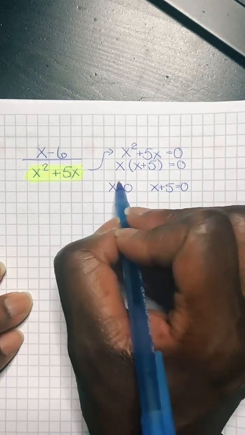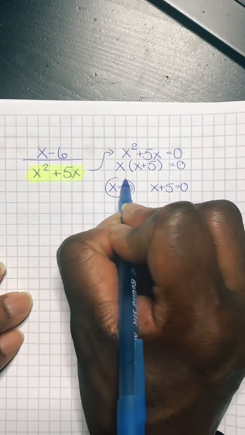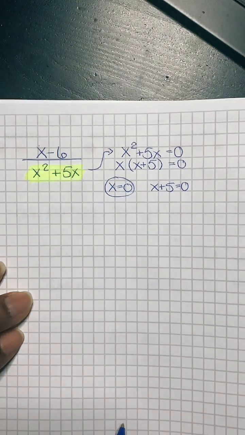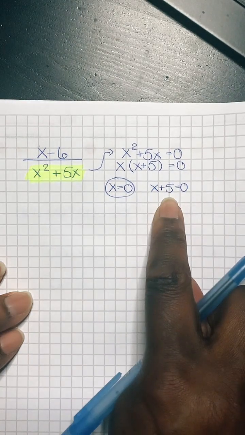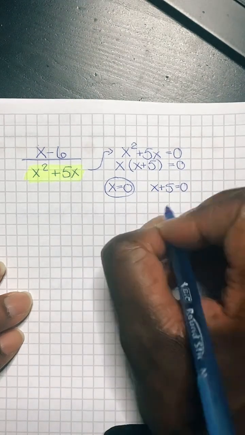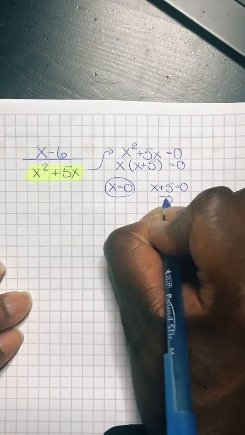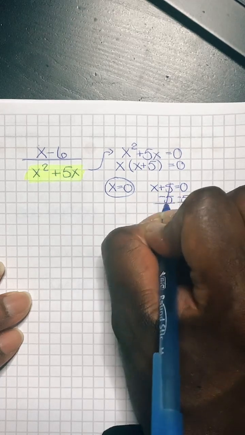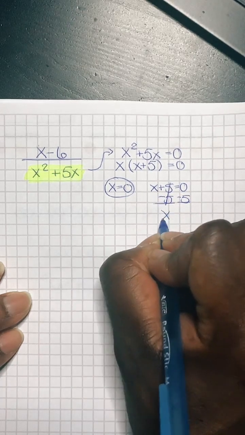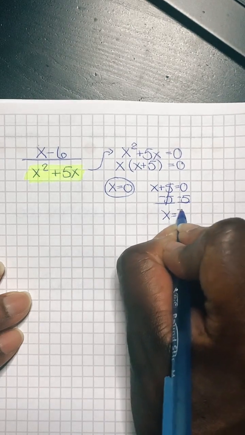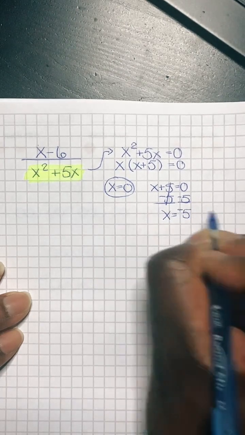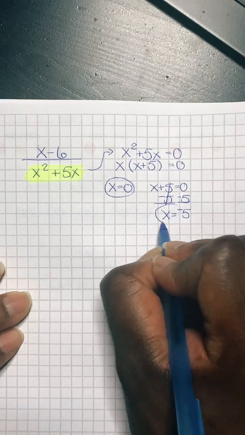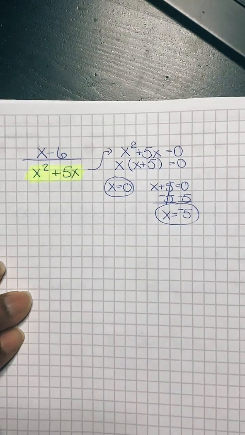This one's already set up for me. But this one, we're going to have to subtract 5 on both sides, so I can get x by itself. So x is equal to -5.